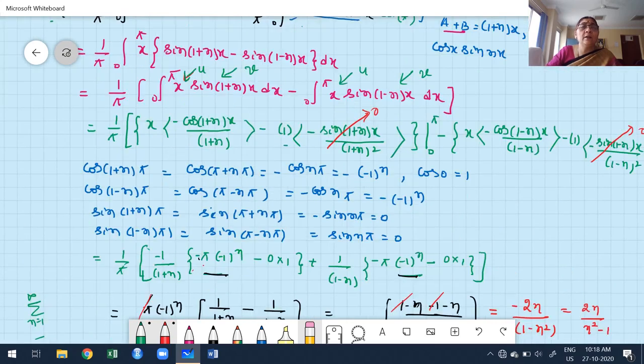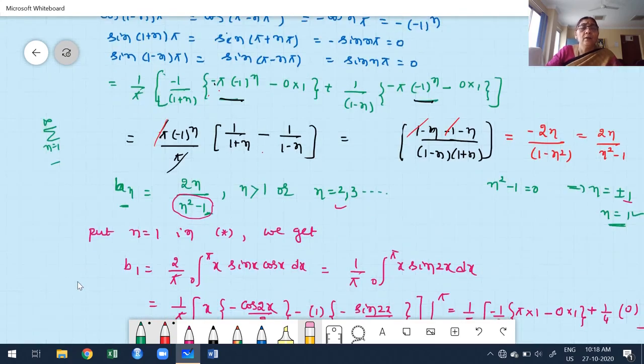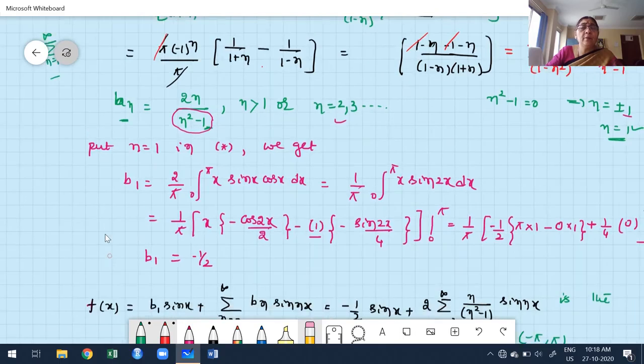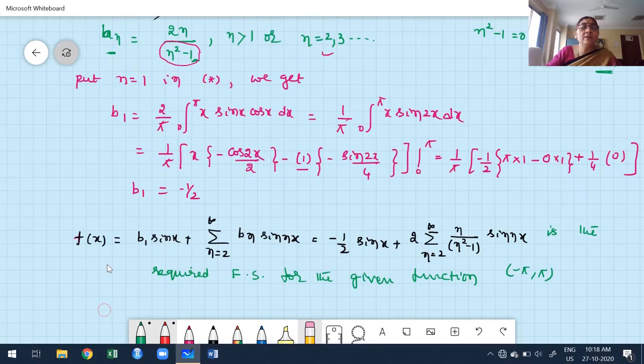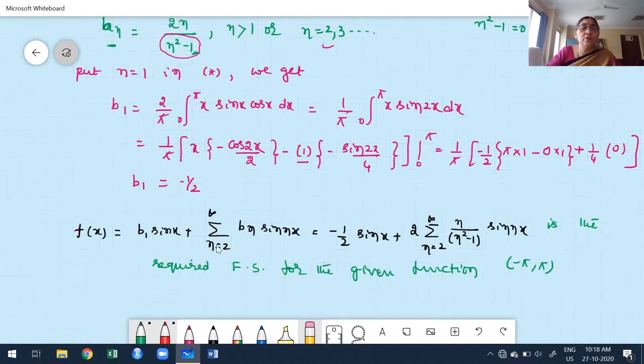This is the B1 formula. Once we evaluate, we get a finite value. While writing the construction of the Fourier series, you take the first term of the summation separately, and then write the remaining terms from 2 to infinity. This is the way to construct the Fourier series.